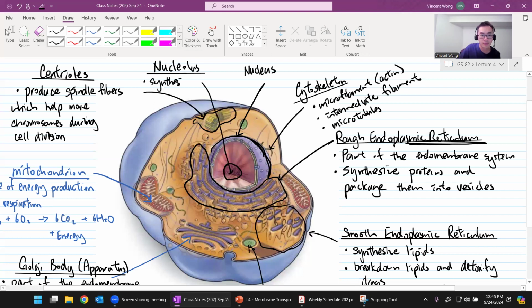Synthesize ribosomes. Of course the ribosomes can be stuck to the ER, but they can also be floating around by themselves. You can't really see them maybe on my screen, but if you have the picture, you will see all these random dots here and there. Those are all individual ribosomes, free ribosomes, if you would. They too can produce proteins.